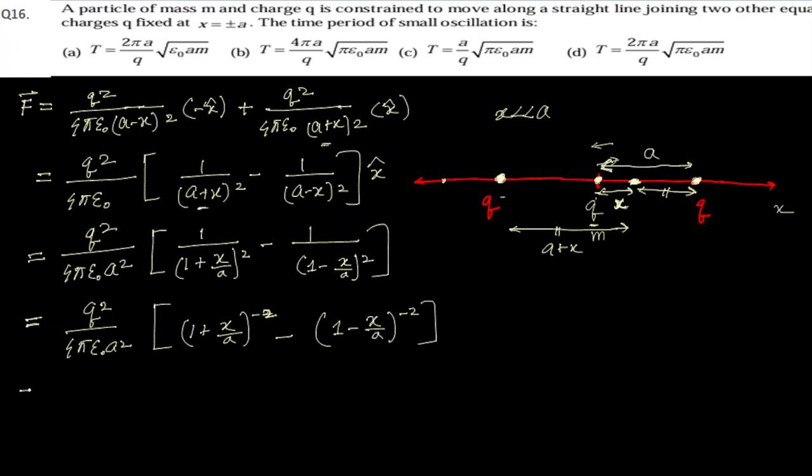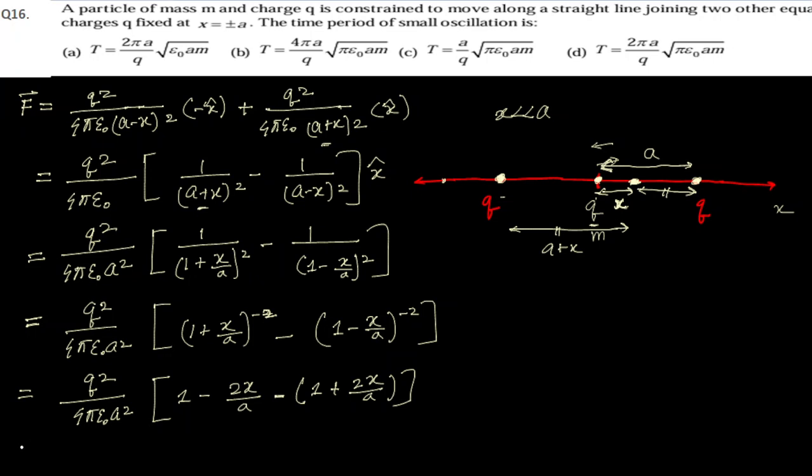This gives 1 minus 2x divided by a, minus 1, minus 2x divided by a. Now this minus and this minus will be plus, so it will be 2x divided by a.